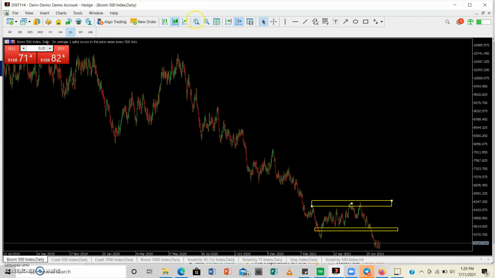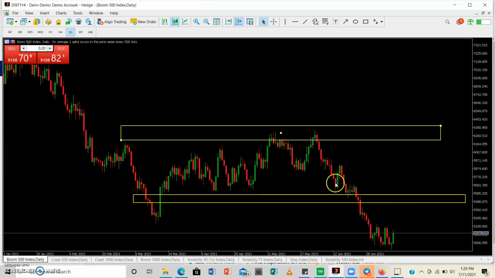We haven't experienced any pullbacks to this level, so I assume that was a total breakout. But here I'm starting to notice that we now have a new resistance zone, which means this one and this one now phased out, and then we now have a new support zone also.